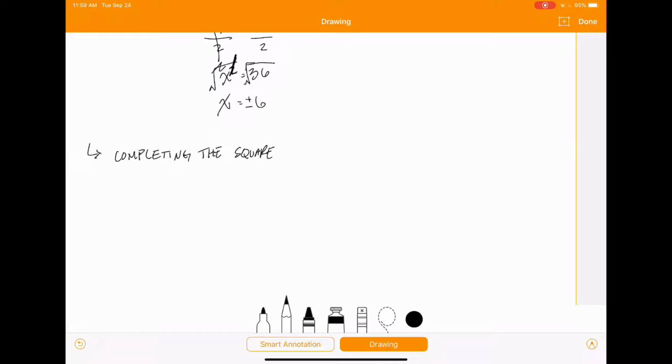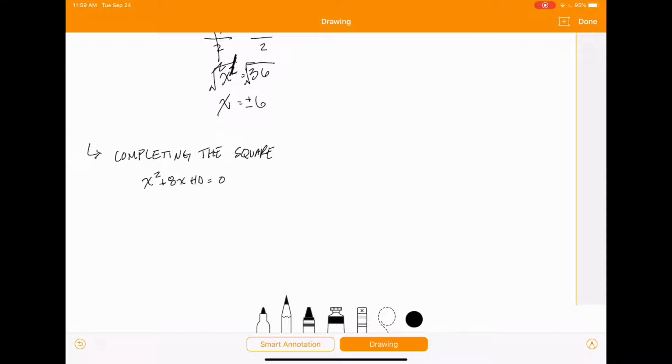So for this example, let's go ahead and look at this quadratic equation here, x squared plus 8x plus 10 equals 0. Now, I can't easily factor this, so we're going to go ahead and use this method called completing the square.